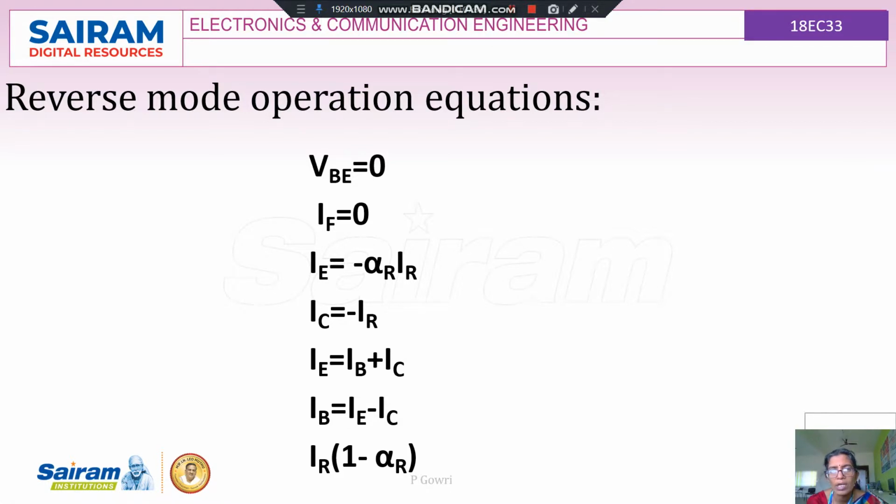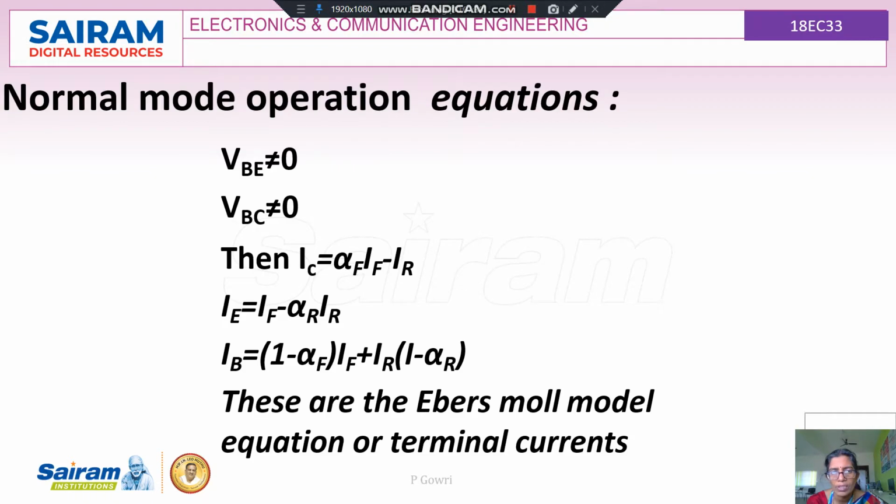So finally, we can say that any transistor can be represented in two modes. One is called the normal mode, and the other is called the reverse mode. The normal mode equations are: VBE is not equal to 0 and VBC is not equal to 0, and the output current IC is equal to alpha F into IF minus IR. Similarly, IE is IF minus alpha R into IR.